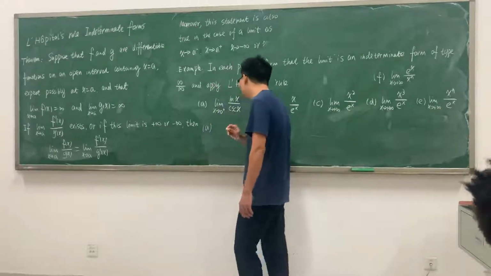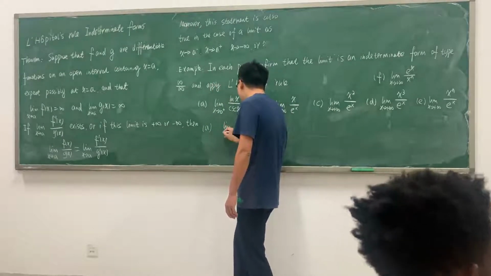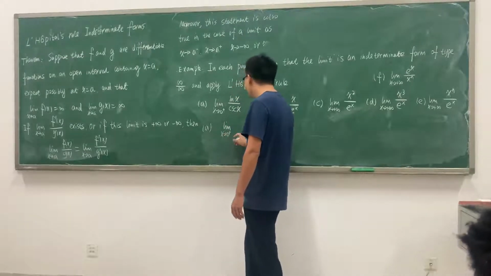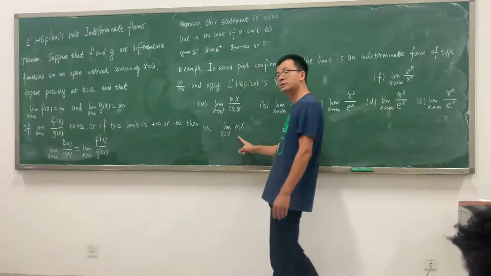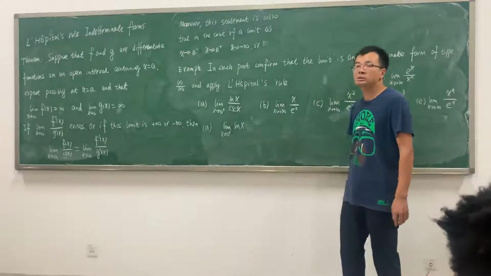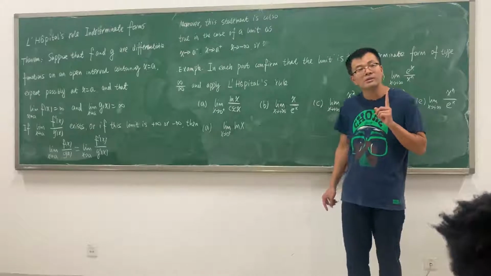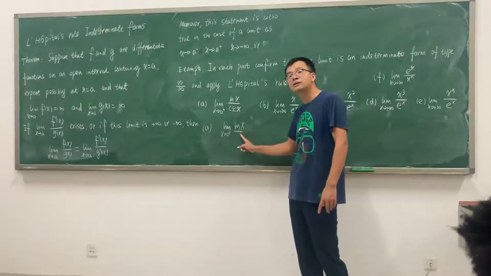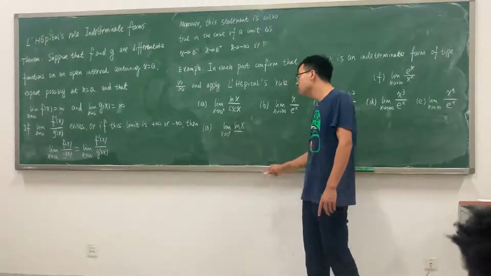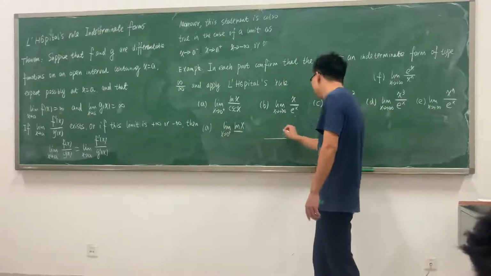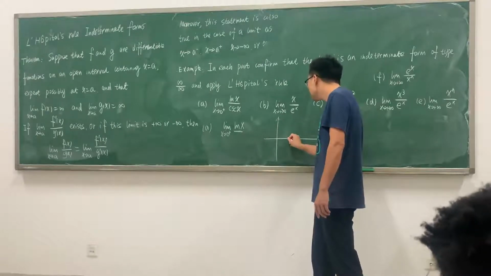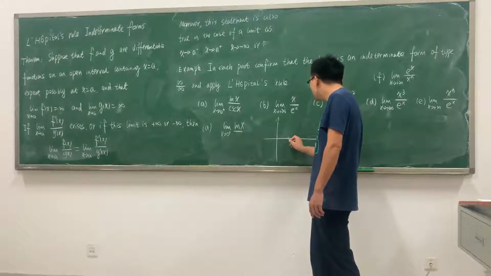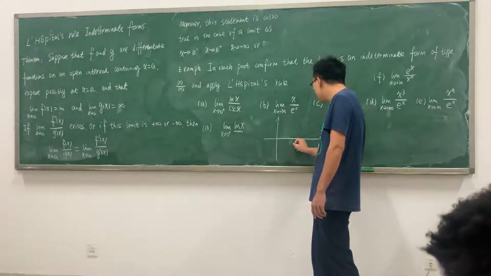Here is the first limit, x approaches 0 from the right. From the right, ln x approaches what? First you must remember the picture of ln x. The picture of ln x is like this. Here ln 1 is 0, so it passes through this point (1, 0).